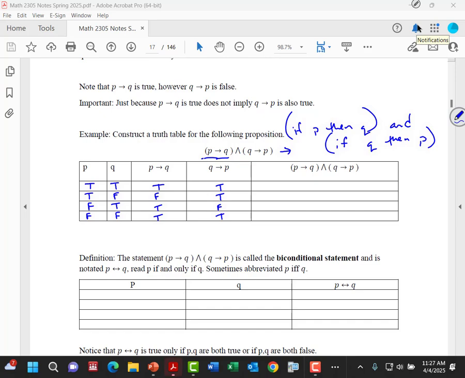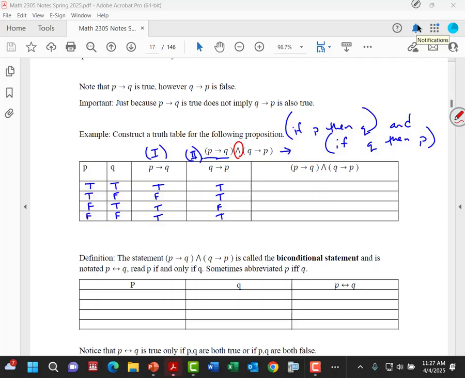Now, let us begin to set up the and of these two statements. My first statement, I guess you could simply call it 1, and here's my second statement 2, is if P, then Q, and if Q, then P. It's imperative that we look at this connector right here.